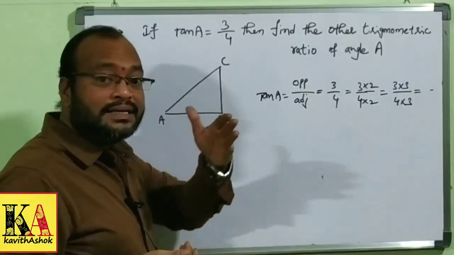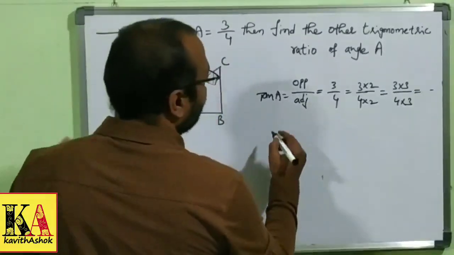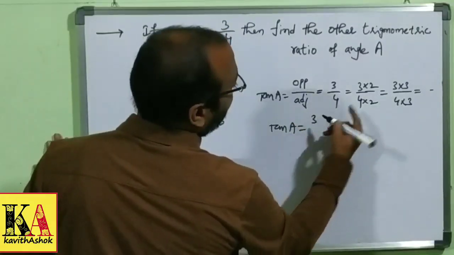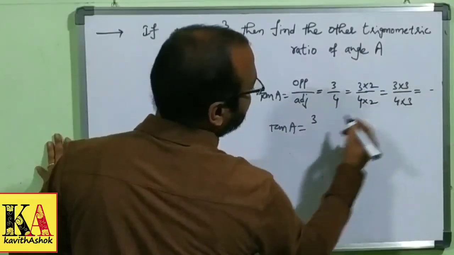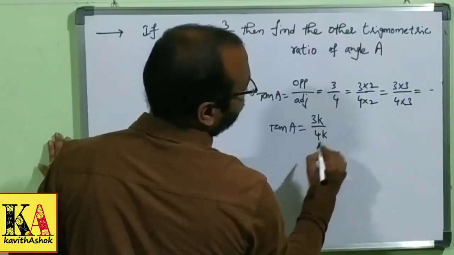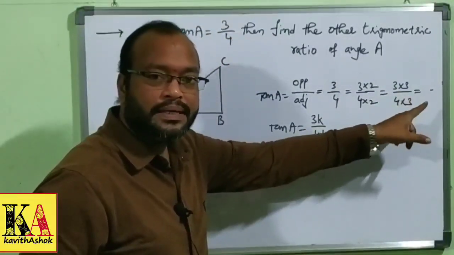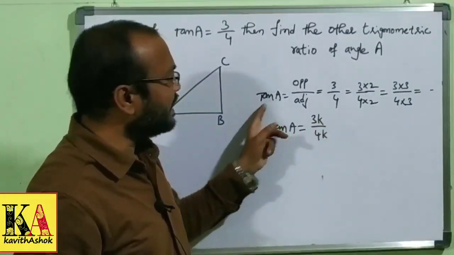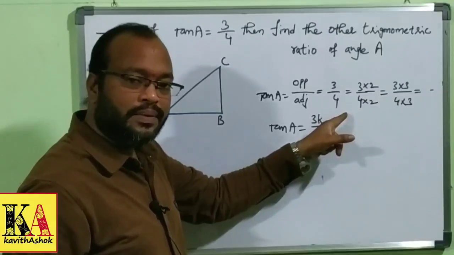Is it clear? Why? Because that is a ratio. So that's why we can take tan A as 3 into some constant k, 3k by 4k. K gets cancelled, so again we get the value of tan A as 3/4 only.